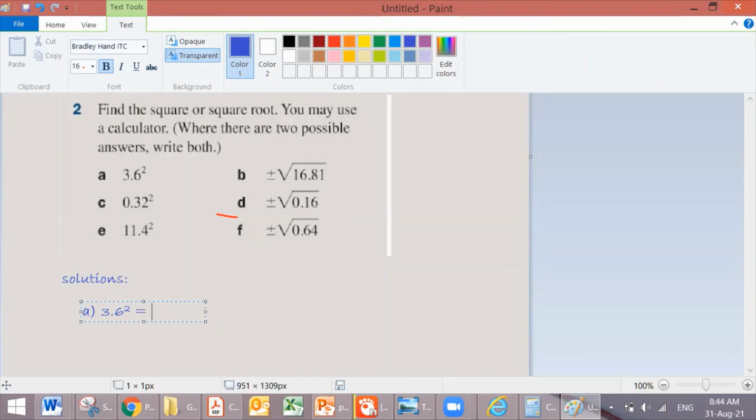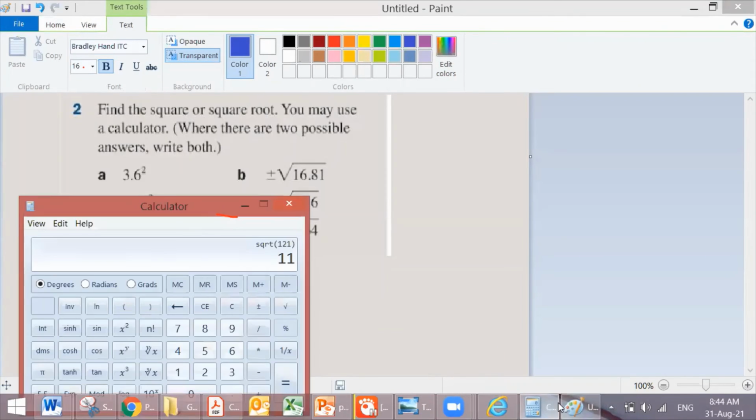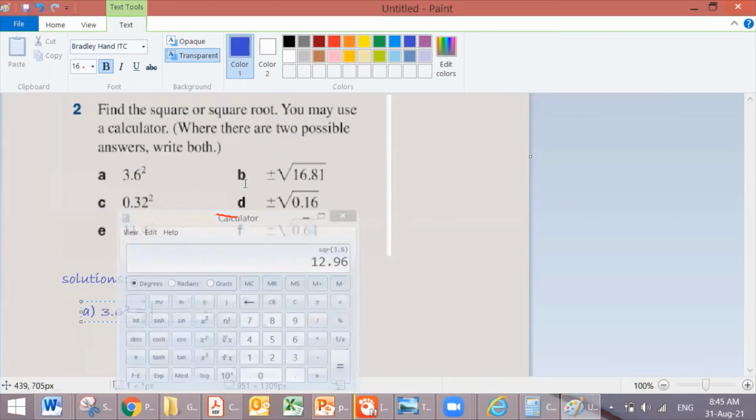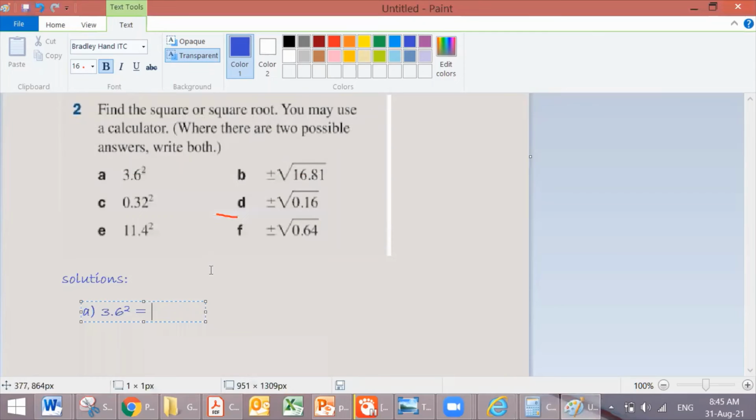It is hard for you to find this mentally, so I can use my calculator here. This will be 3.6, and I will find its square by using this x square key. So this one is 12.96. Okay, so it will be 12.96.